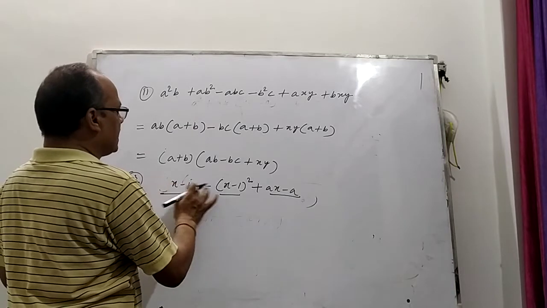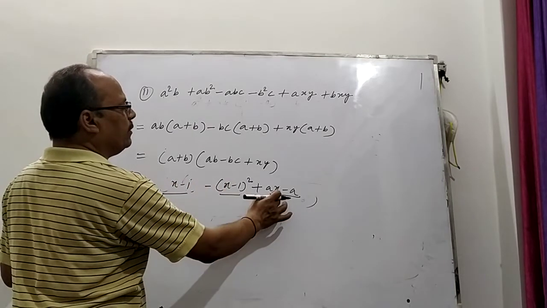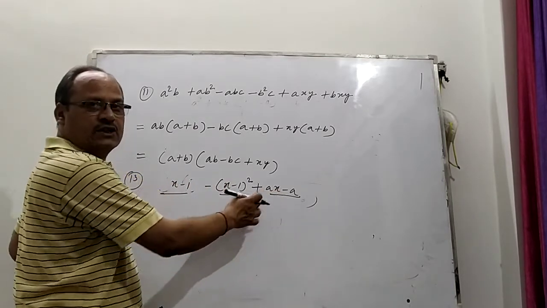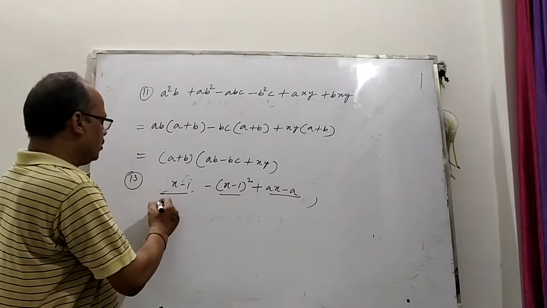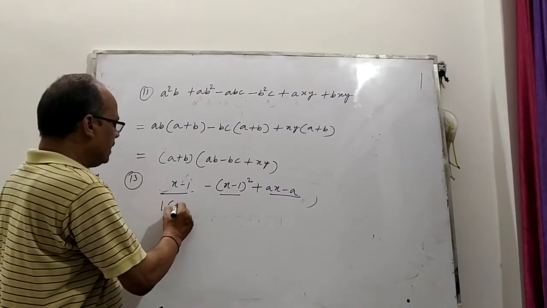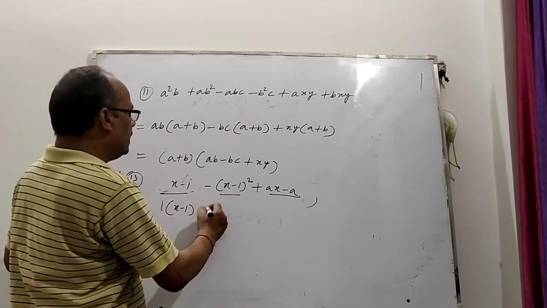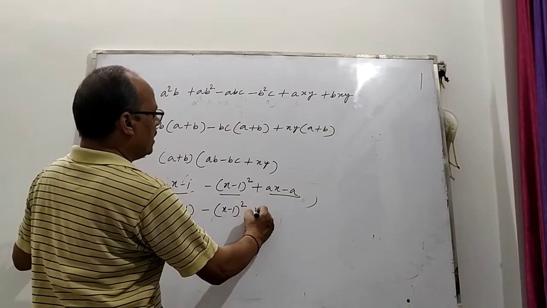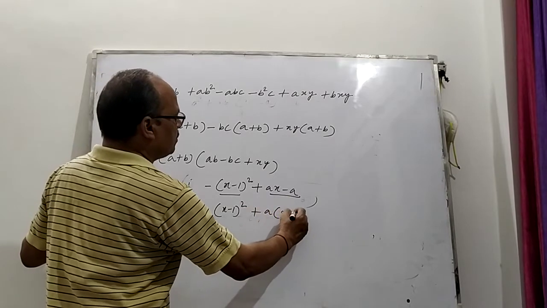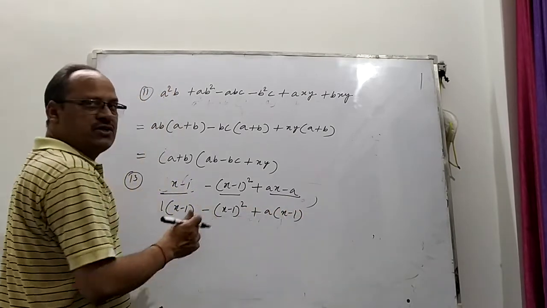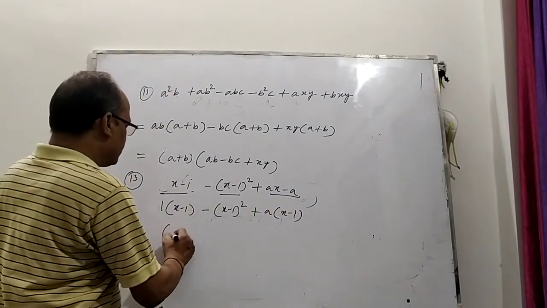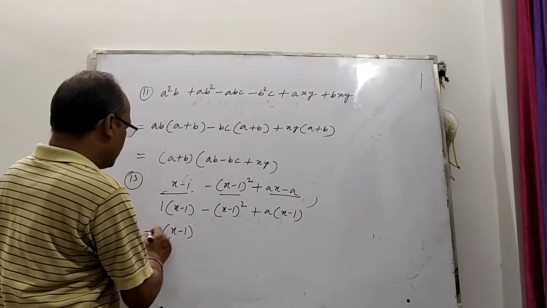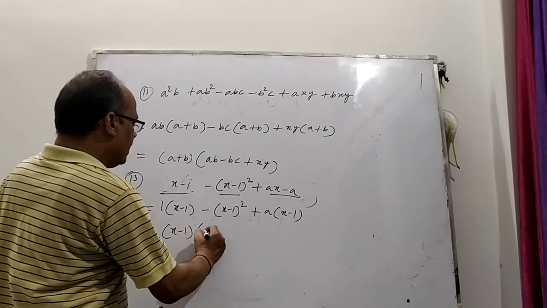You take this (x − 1); here you take a common, then (x − 1) you will get. So you take the common 1·(x − 1), here −(x − 1)², here +a(x − 1). What will be common from these three terms? (x − 1). What will remain here? 1.